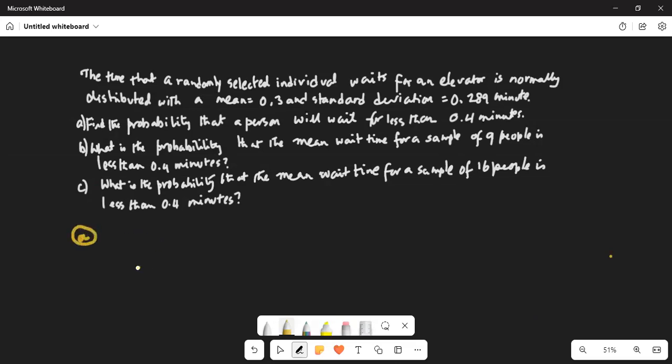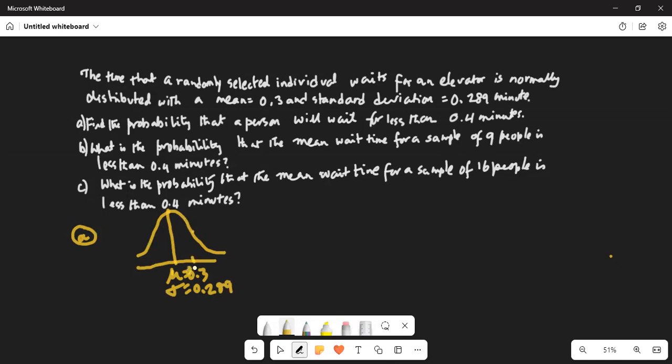So the picture is like this. The mean is 0.3 and the standard deviation is 0.289. And they ask, what is the probability that a person will wait for less than 0.4?